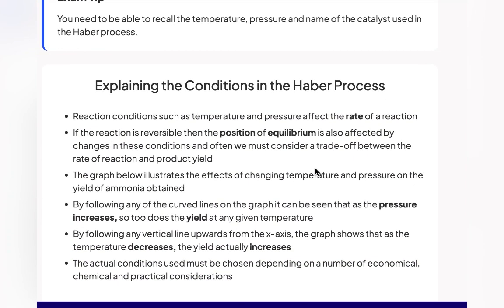Now, the reaction conditions such as temperature and pressure affect the rate of reaction. However, we're going to do a trade-off between the yield and the rate of reaction, looking at temperature and looking at pressure. If the reaction is reversible, the position of equilibrium is always affected by the change in the conditions, and often we must consider the trade-off between the rate of reaction and the yield.